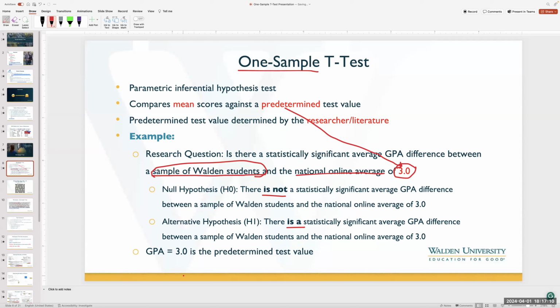And you'll see that when we get into SPSS to run the test, it's going to ask us for a test value. And what we're simply going to do is enter that value of 3.0. Is everybody okay up to this point understanding the concept of the one sample t-test? Okay, fantastic. Now, let's take a look.